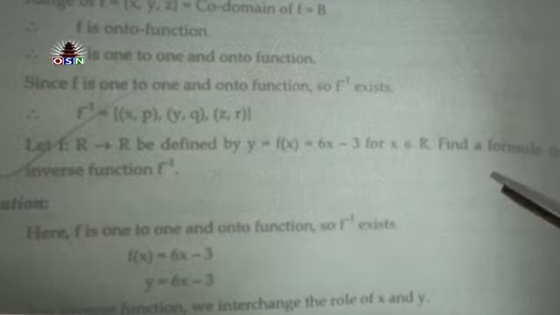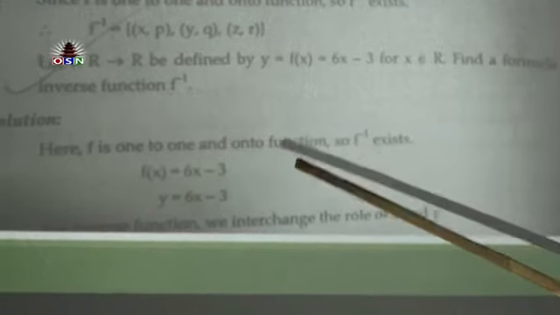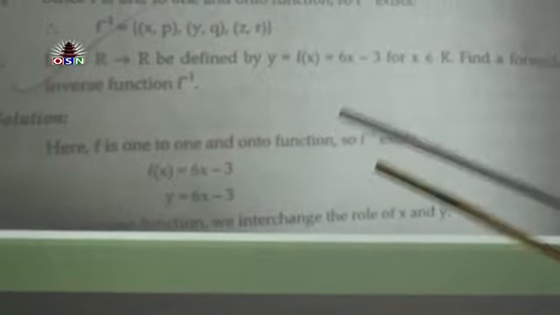Then x belongs to R. Then you will have to find the inverse function. Here f is a one-to-one and onto function, and then its inverse exists, as I have already said. So first of all, check whether it is a one-to-one onto function or not. Here it is clear that it is one-to-one and onto.